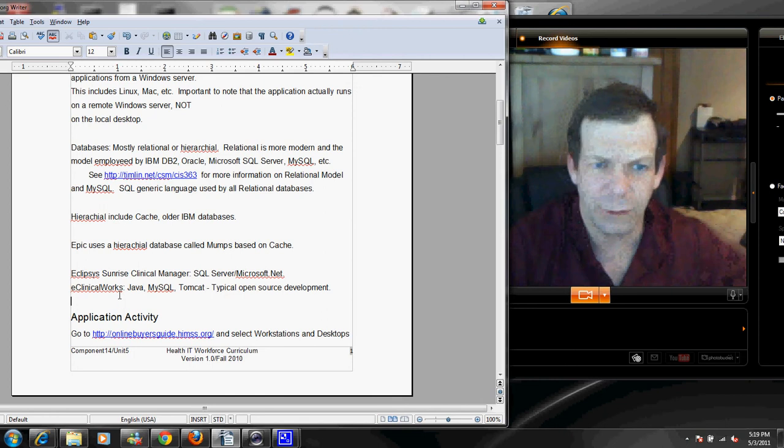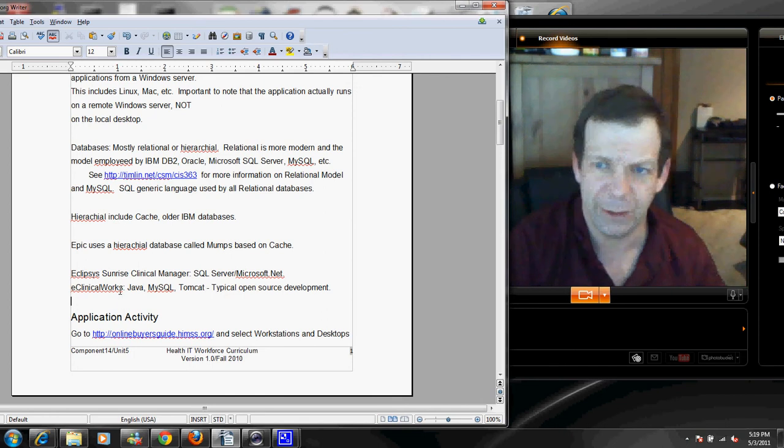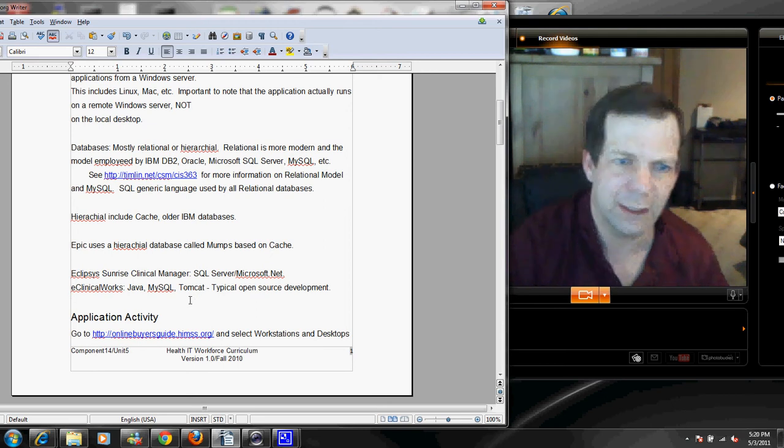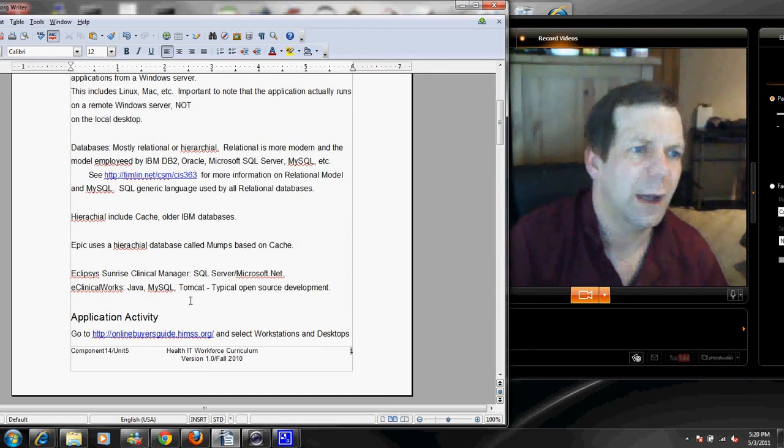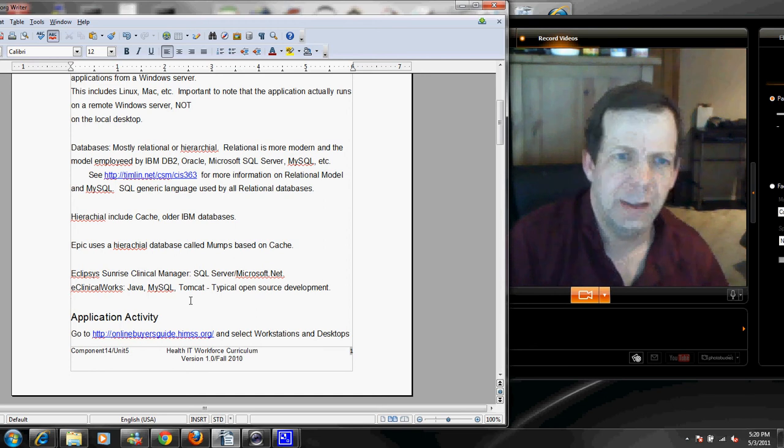So eClinicalWorks also, by the way, is probably a thin client. I don't think these slides specifically say it's thin client, but usually this sort of environment means thin client. Tomcat is a web application server for Java, so almost certainly this is thin client, even though the slides don't say it. Or at least I didn't hear them say that.